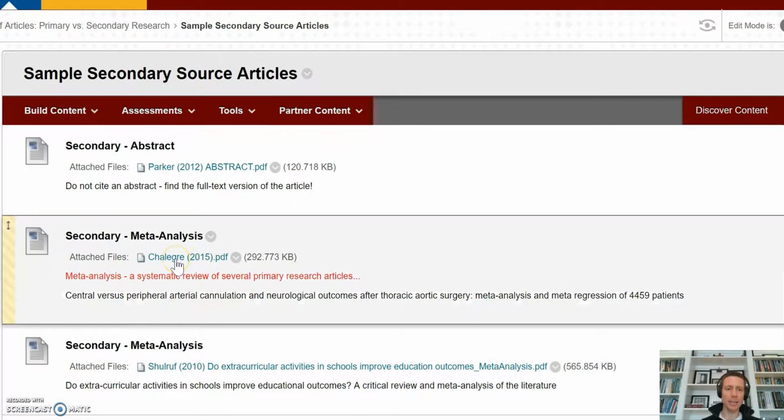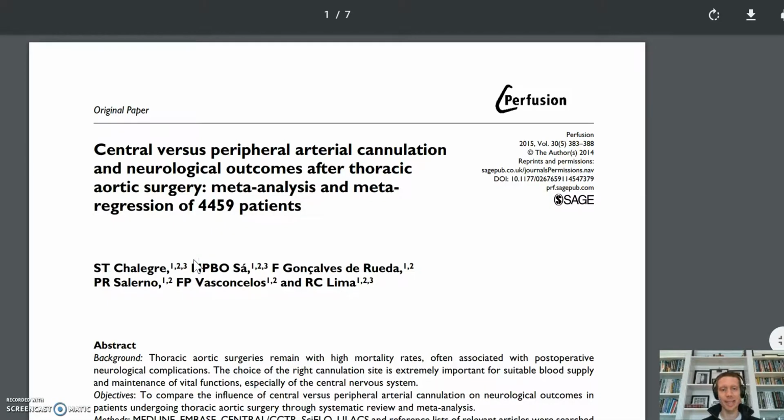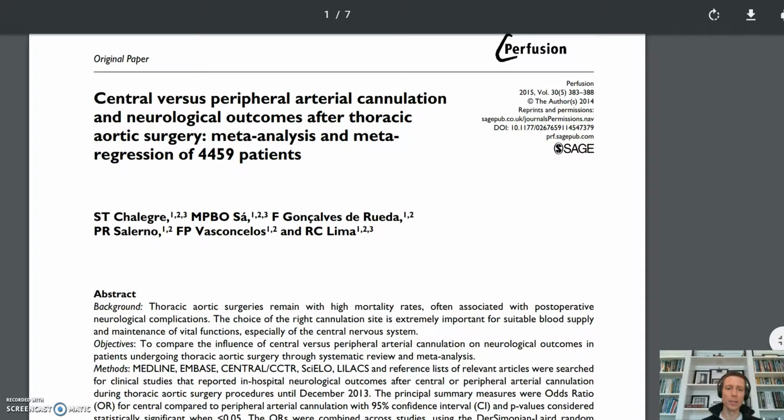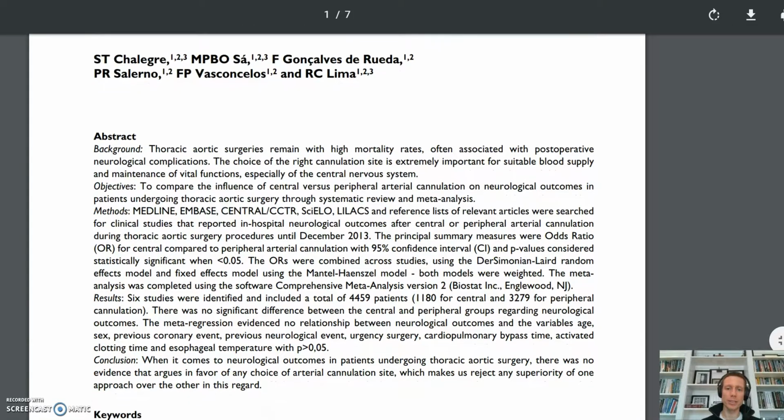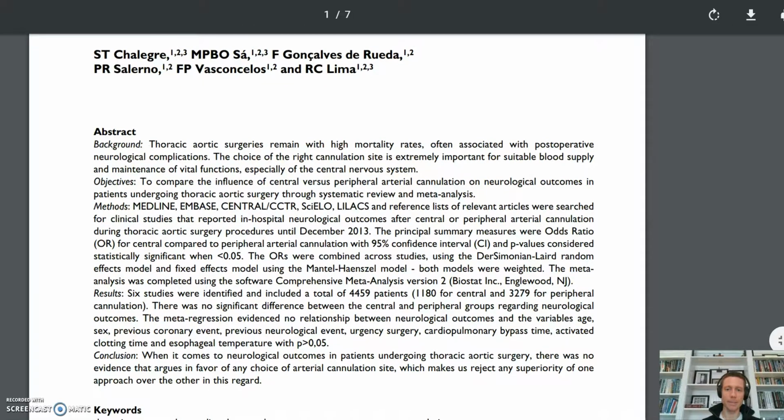All right, meta-analysis. So you can see here a meta-analysis, a systematic review of several primary research articles. A lot of times they will say meta-analysis in the title, or might be a systematic review. But meta-analysis is going to typically involve running statistics on several different studies that have already been conducted based upon collecting the data from those studies.